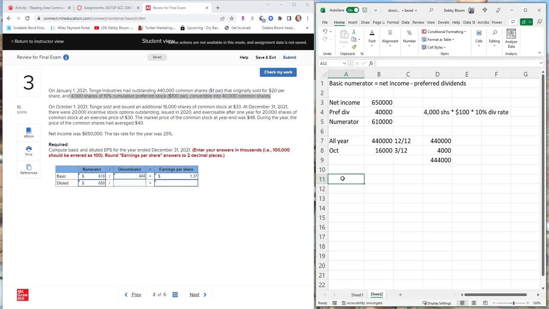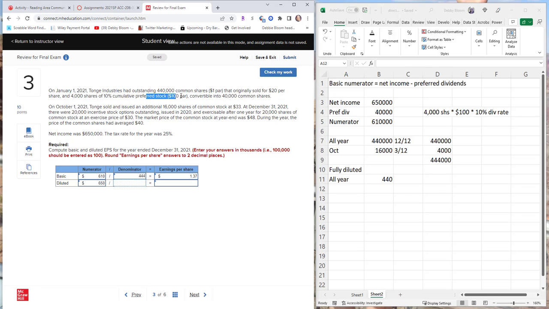So let's get started. First of all, we have several things that are going to be all year. So let's note this as our fully diluted. So all year, we're going to have the 440,000 shares that they had outstanding as of the beginning of the year.